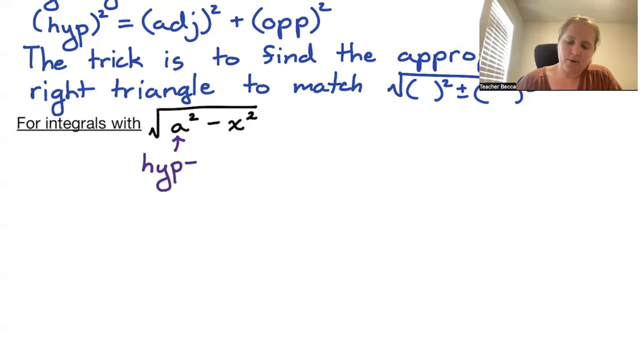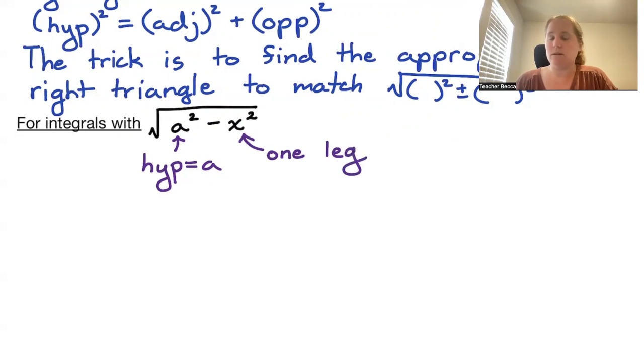So we're going to set our hypotenuse equal to a. And then the thing being subtracted off will be one of the legs, and the square root is the remaining leg. So one leg will be x, and the entire square root will be the other leg.